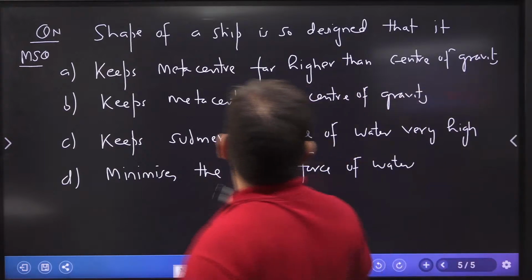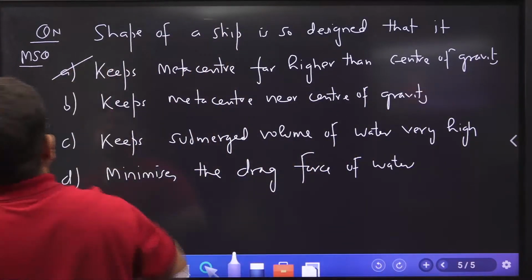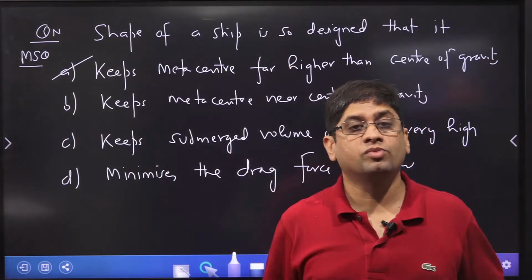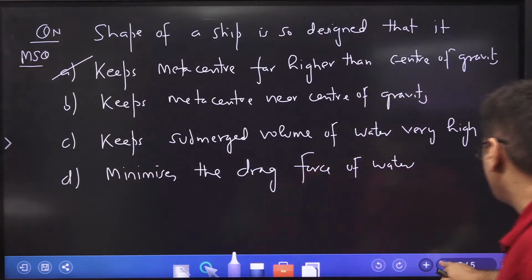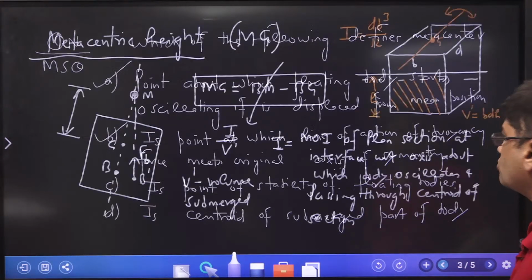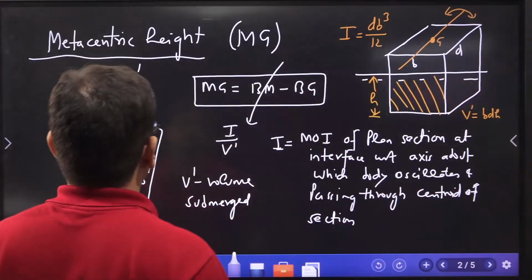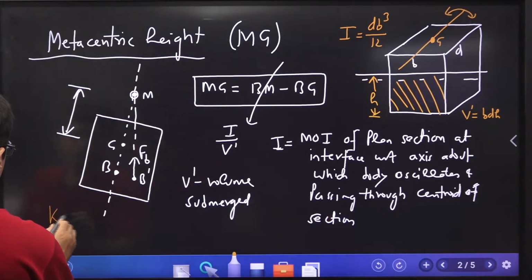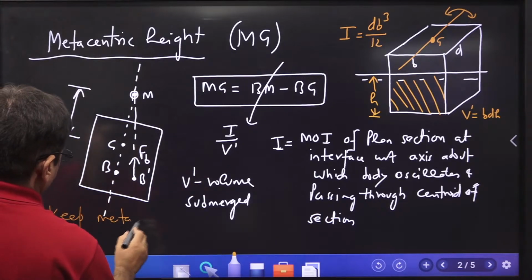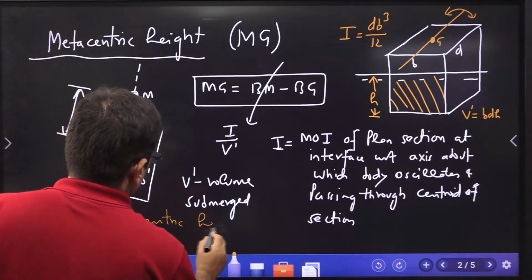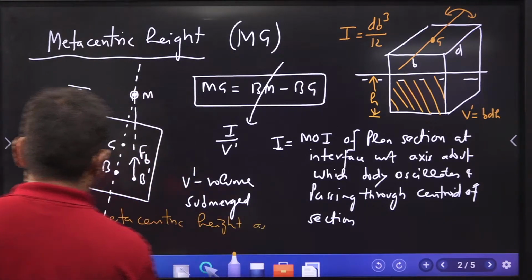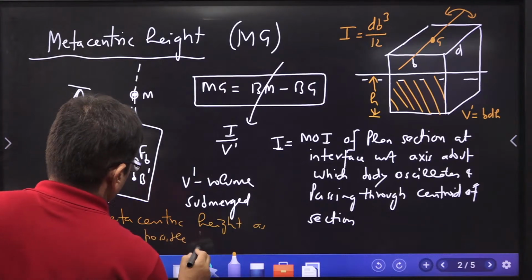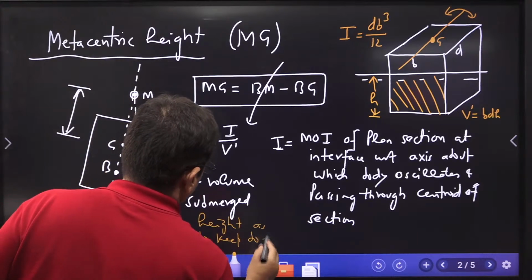So I want to keep metacenter as high above the center of gravity, because I want the metacentric height to be more. More metacentric height means more stability. This metacentric height, MG, defines the stability. Keep metacentric height as much as possible to keep the body stable.